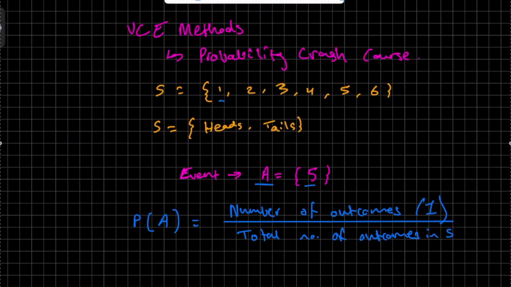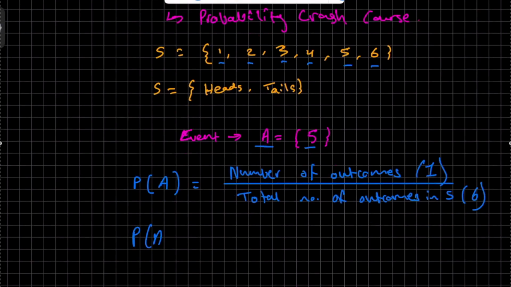So over here, we've got 1, 2, 3, 4, 5, 6 different outcomes within our sample space. So our probability of event A being rolling a 5 would be equal to 1 over 6.